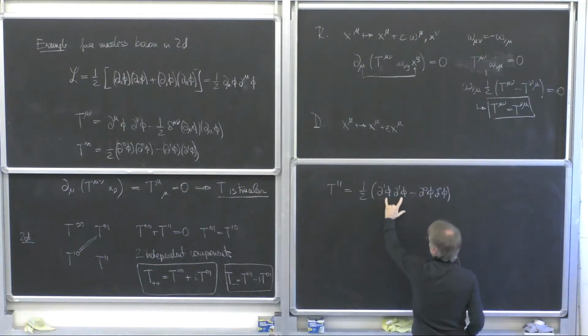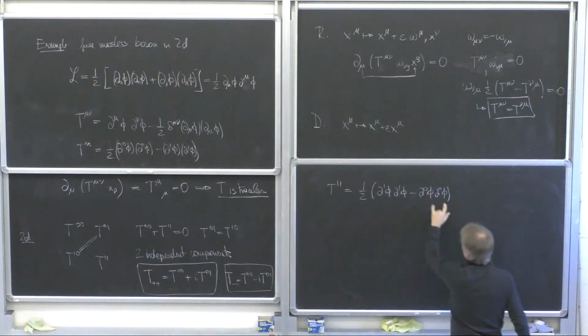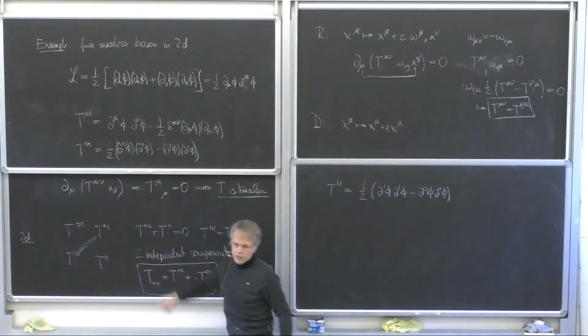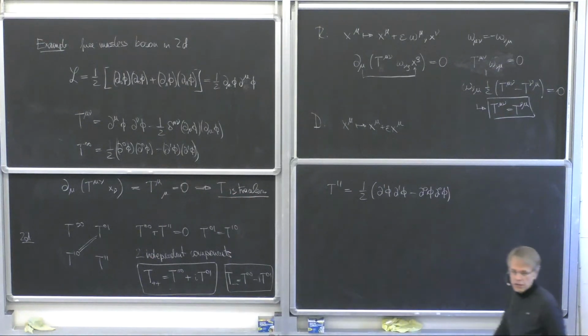Now the d1 phi term comes with a plus sign, and the d0 phi term comes with a minus sign. And you obviously see that this plus this is equal to 0. So this is indeed traceless as advertised.